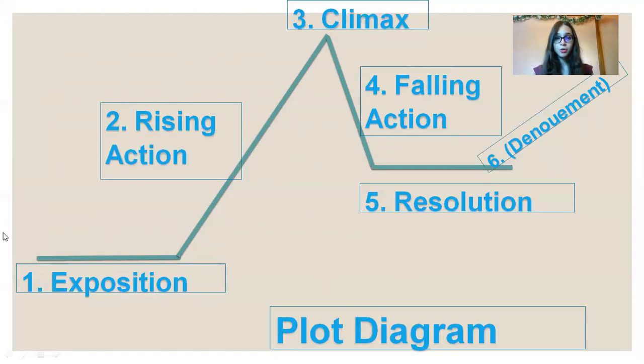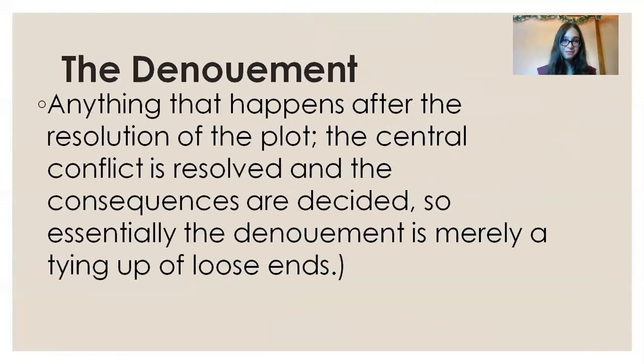So this is a shorter slope because there's usually fewer events in the falling action. The other thing this does, if we look at this drawing, is that you usually begin the story at a certain point in your exposition, and then by your resolution, you usually end in a different emotional place. There's usually things that have happened and things that have changed permanently. So I like to use this diagram because it shows those different levels. And that's our plot diagram.